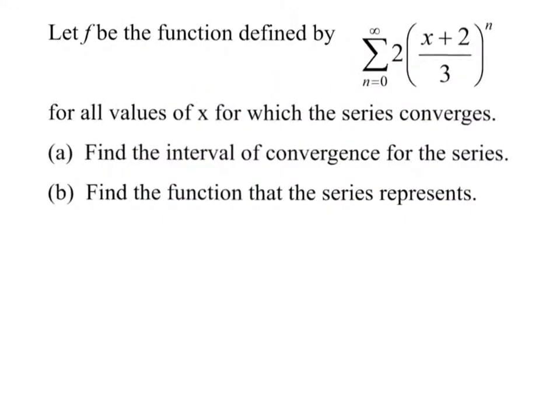All right, let f be the function defined by that. Find all values for which the series converges, so find the interval of convergence. That's part A. Remember, for the interval of convergence we always set up a ratio test. So do that here.